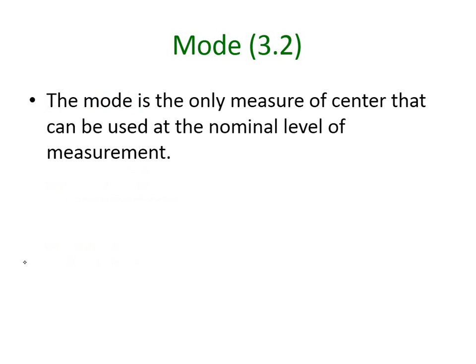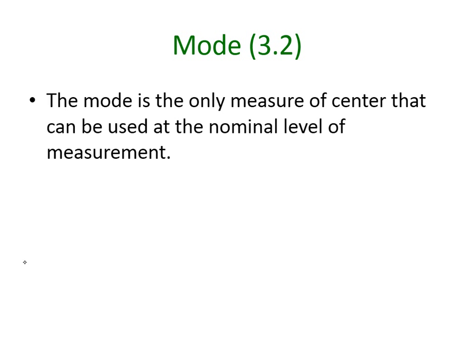So, finding the mode of our sibling data. The mode is the only measure of center that can be used at the nominal level of measurement. What does that mean? Nominal would be name. So this is when you're talking about things that are only types of names.